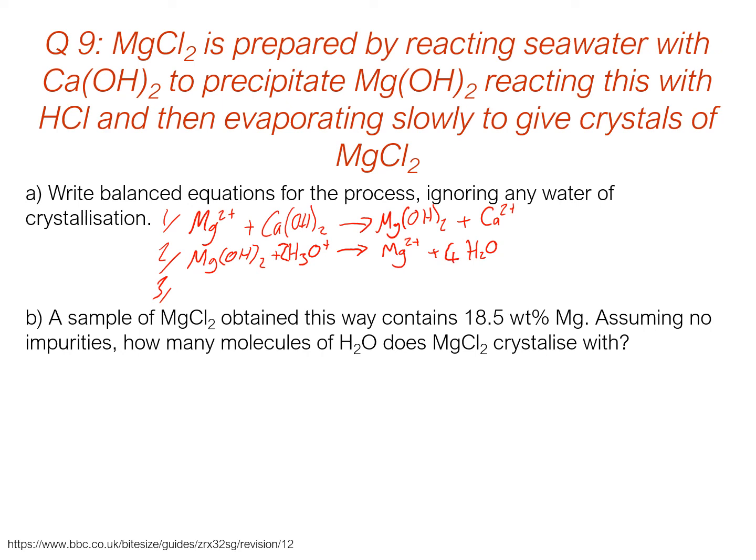So finally then, we've got all our ions in solution. We've got the Mg2+, and we've also got Cl- in solution from the HCl, the other part of the acid. And then these react together under evaporation to form the solid structure MgCl2.